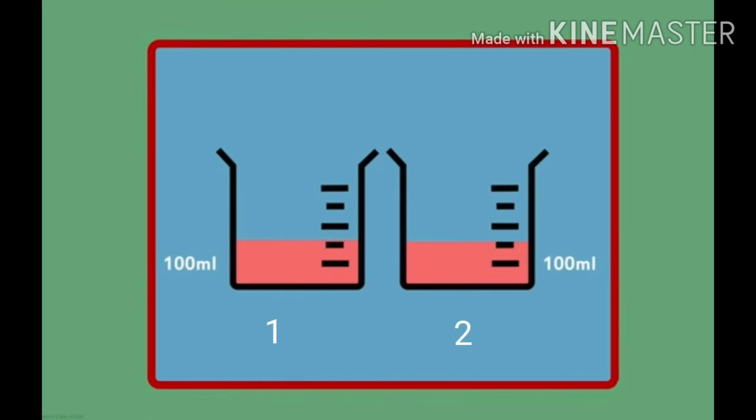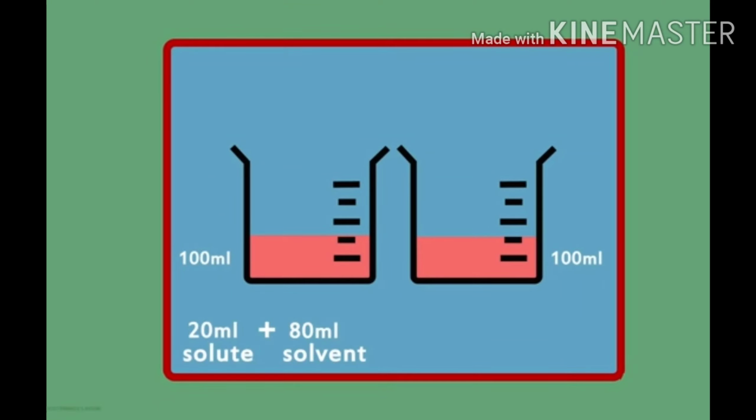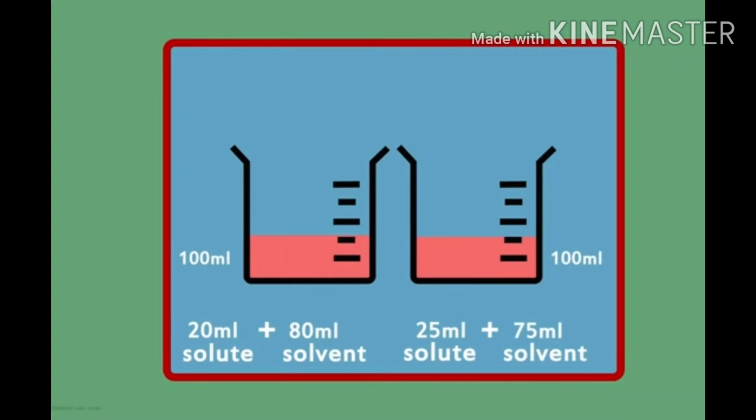Say we take two beakers again with 100 milliliter of some solution in each. Now let us put 20 milliliter of solute and 80 milliliter of solvent in beaker 1, and in beaker 2, 25 milliliter of solute and 75 milliliter of solvent.